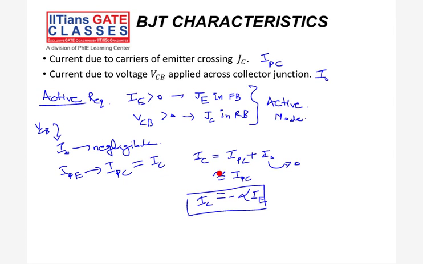So we can say now the transistor can be used as an amplifier if it is operated in the active region, because we have some output current. In the other two cases, we have seen the cutoff case, there was no current.